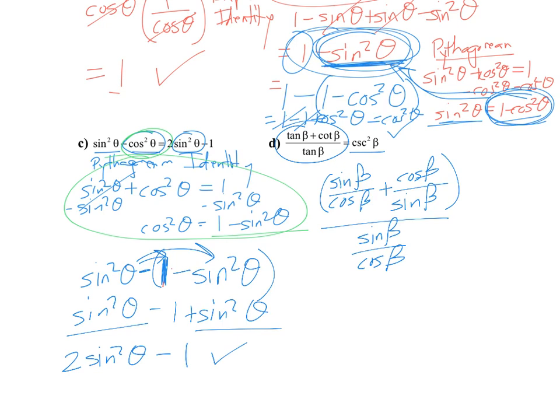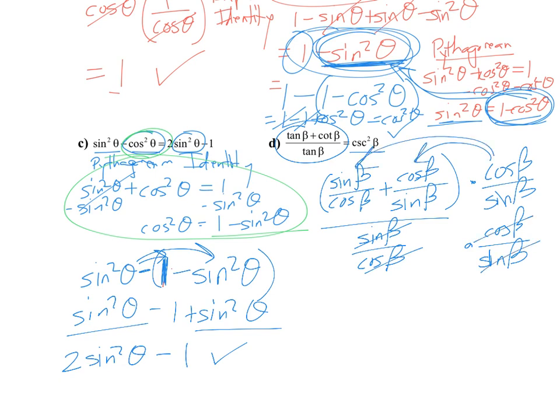Okay, and I'm going to multiply the top and the bottom by cosine beta. All right, and I distribute, and I get sine beta. So it looks pretty crazy in the beginning, but watch what's going to happen.